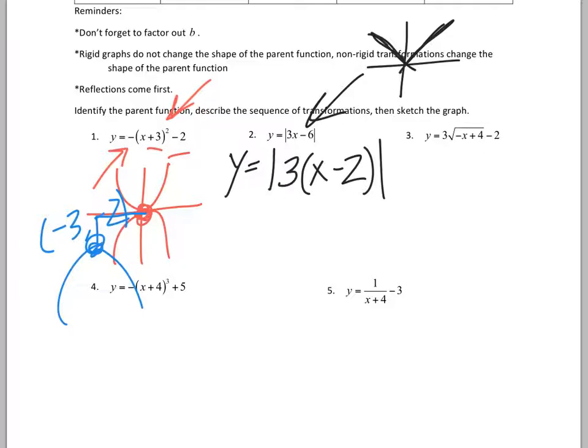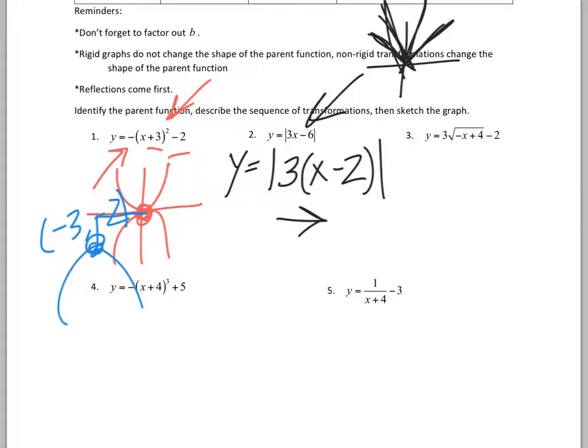The slope, instead of being 1 and -1, now has a slope of 3 and -3, something like that. That looks terrible. I'll do it for real in a second. And then the shift: it's been moved to the right 2 units. So the important thing you want to pay attention to is the fact that you factor that out so that you can see the shift.